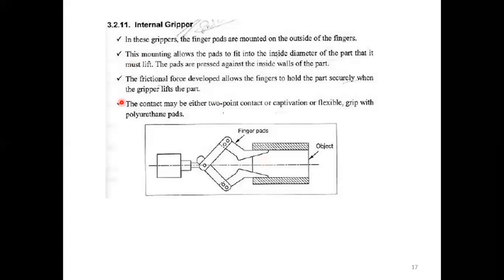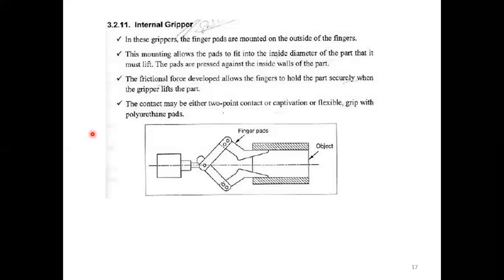In this gripper, the finger pads are mounted on the outside of the fingers. This mounting allows the pads to fit into the inside diameter of the pot that must be lifted. The pads are pressed against the inside walls of the pot. The frictional force developed allows the fingers to hold the pot securely when the gripper lifts it.